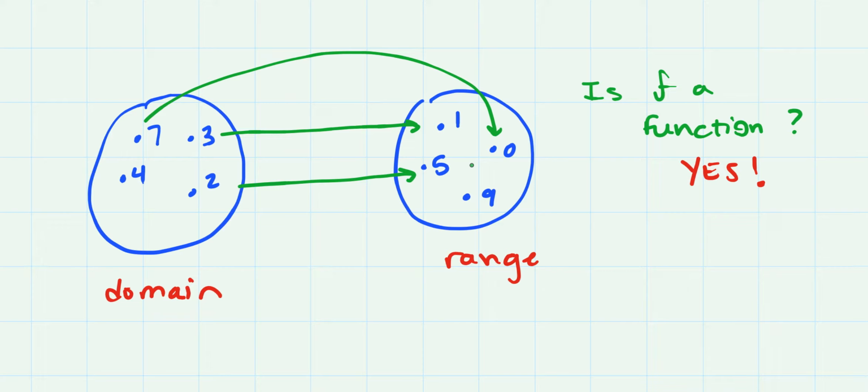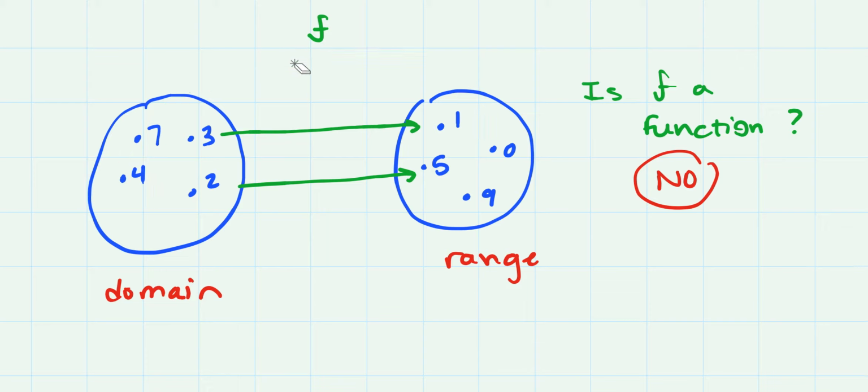Is this a function? This is not a function. Why is it not a function? Again, the definition said that every element in the domain, all of the elements we see, are each sent to exactly one element in the range. Here, the number 4 is not being sent to anything. And because it's not being sent to a number, this is not a function.